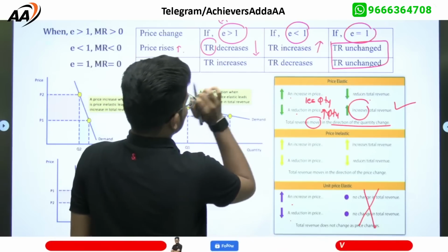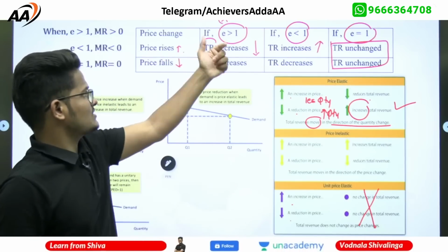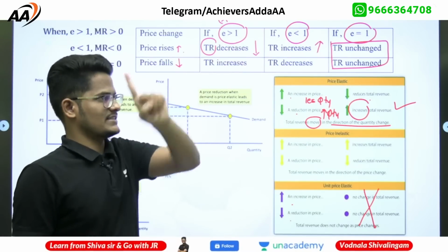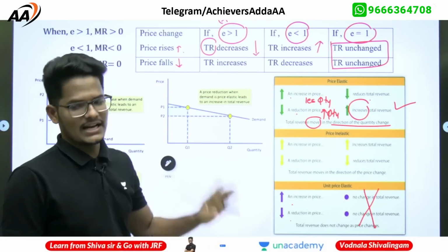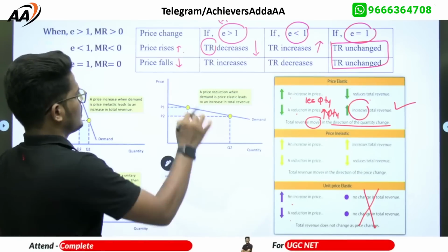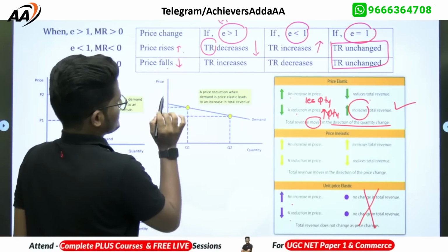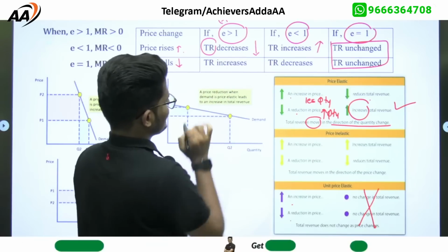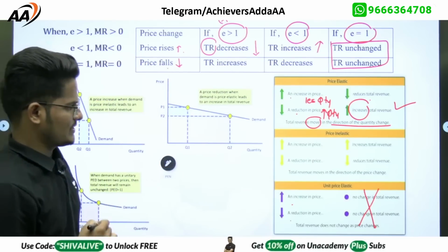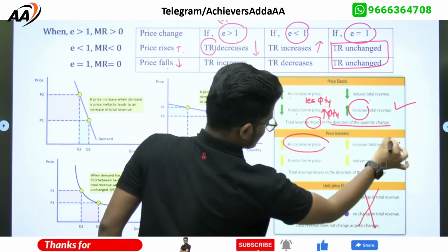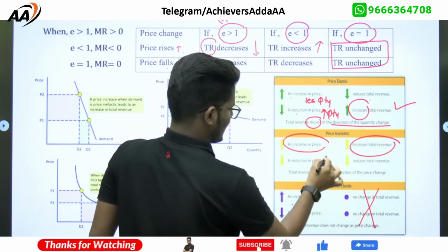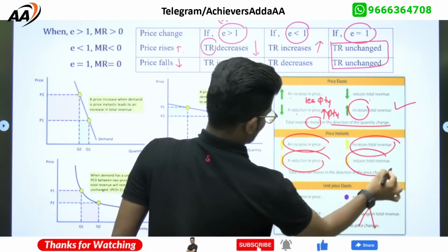Price elasticity means whenever price rises, total revenue decreases in an elastic situation, and total revenue increases in an inelastic situation. It is an inverse relation. Whenever price falls, total revenue increases in the elastic situation. In the price inelastic situation, an increase in price leads to an increase in total revenue, and a decrease in price leads to a decrease in total revenue.